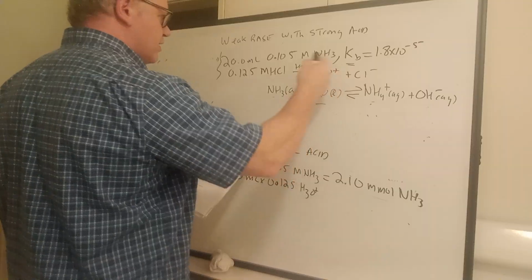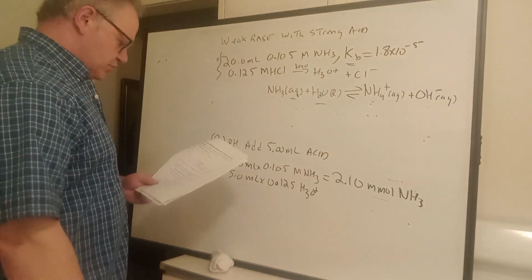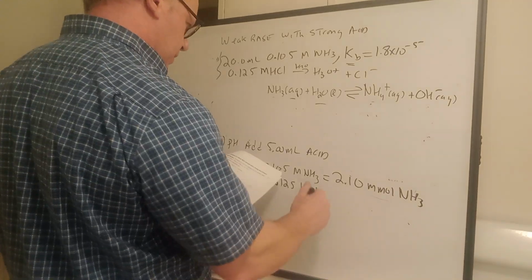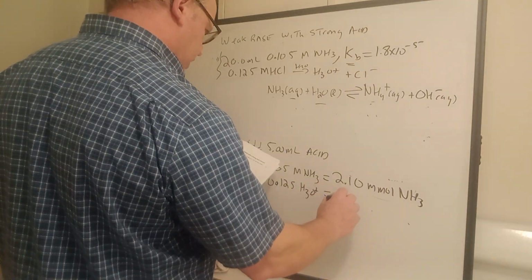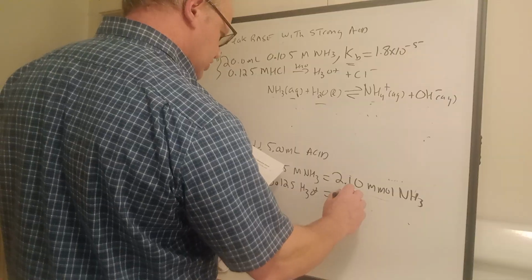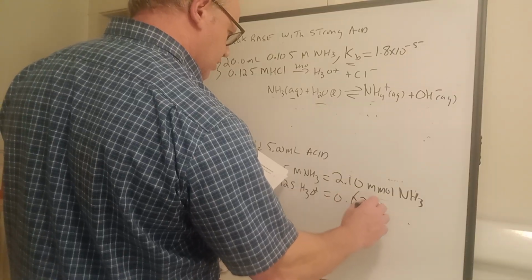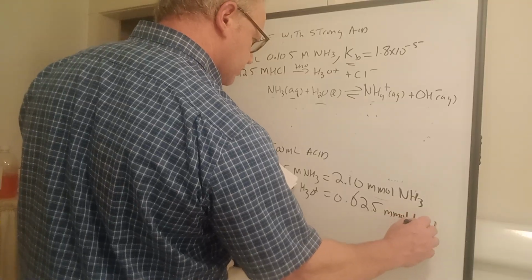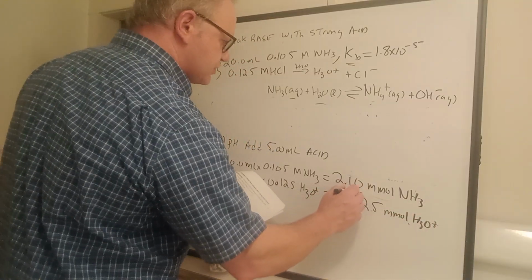I'm not worried about that, but it's 1-to-1, so I'm automatically converting that. And this gives me 0.625 millimoles H3O plus. So that's a 6.